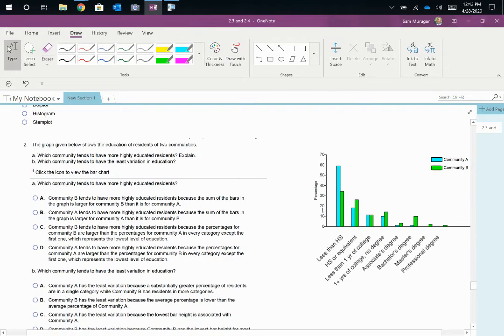The graph below shows the education of residents of two communities. Which community has the more highly educated residents?